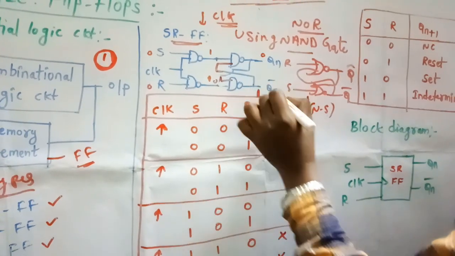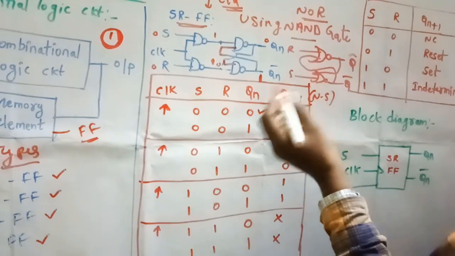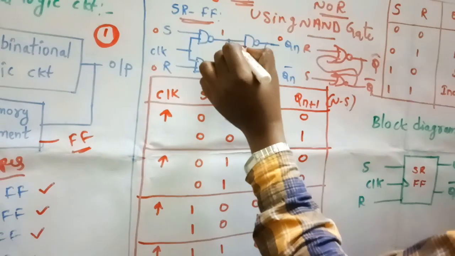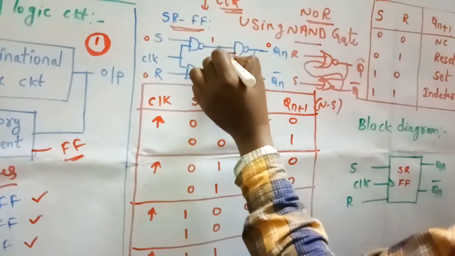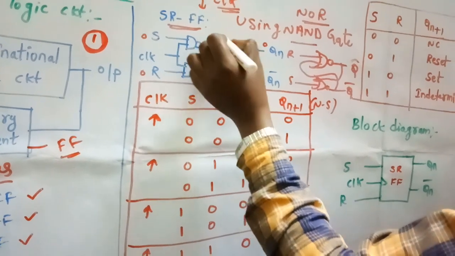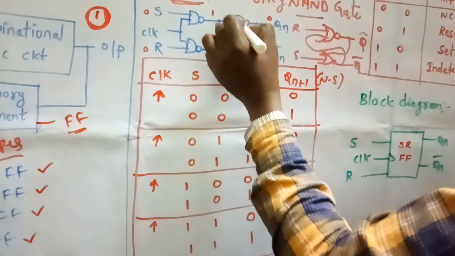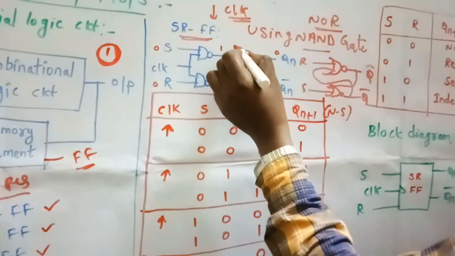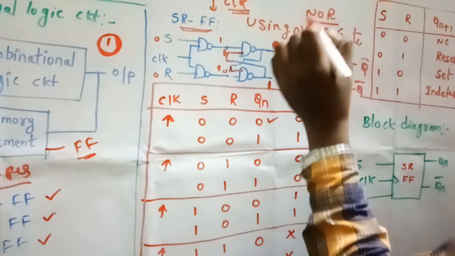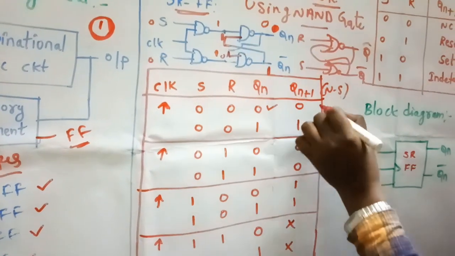This is Qn plus 1, the next state. This is connecting to this NAND gate. That's why 1 is from this Qn bar, and already we have 1 here. So 1 and 1 are connecting to the NAND gate, 1 into 1, 1, 1 bar 0. You will get 0 as the output, nothing but the next state also 0.